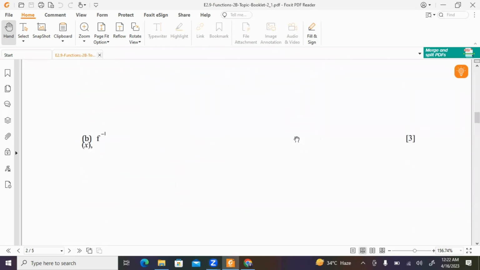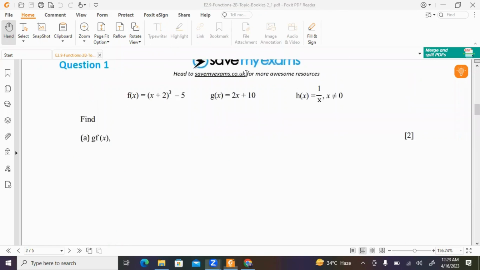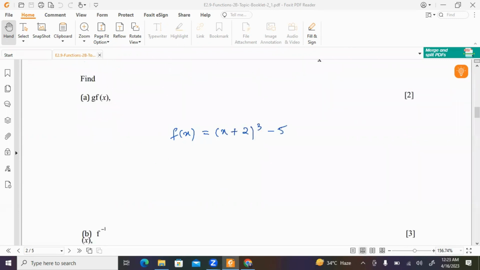Then if you go back to the next question, it says f inverse of x. Let me just write down this function. For the inverse, we'll copy it over here so that we have space for it.